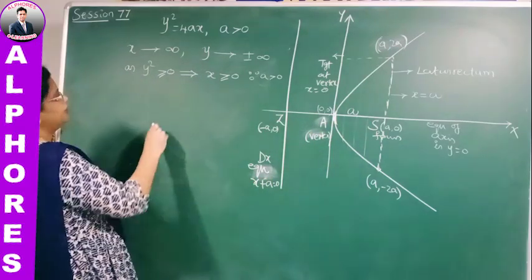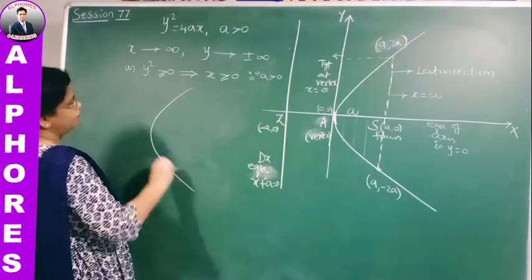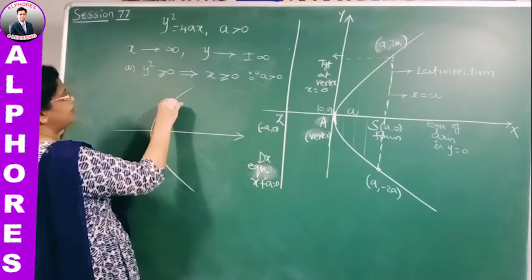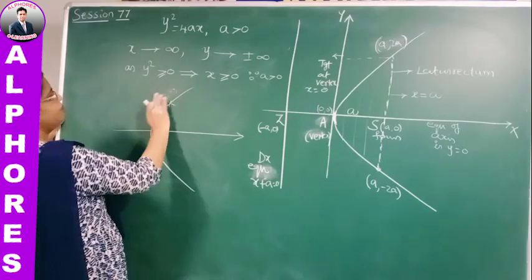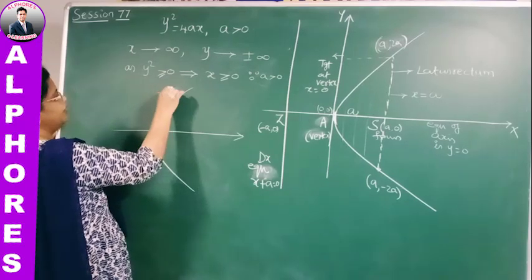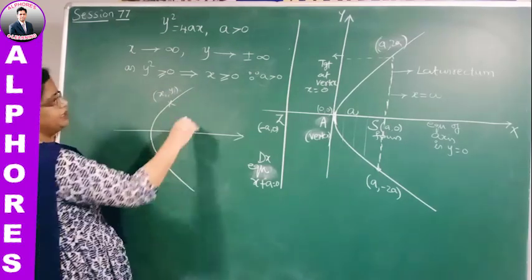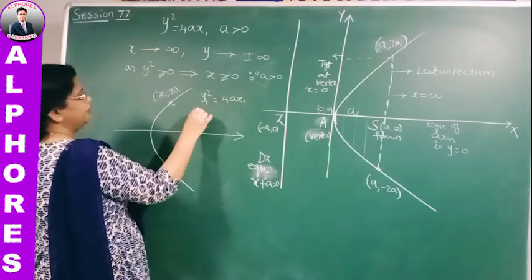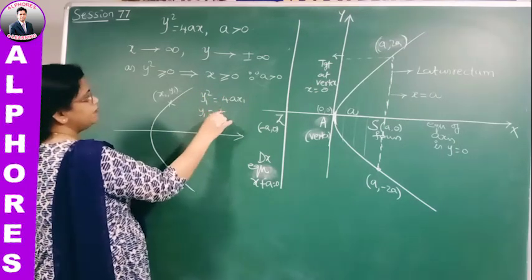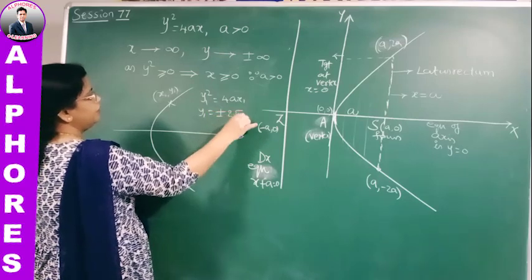Now if I take a point x1 comma y1, as we observed with the latus rectum or some other point, then y1 square equals 4a x1. Then y1 is plus or minus 2 root a root x1.